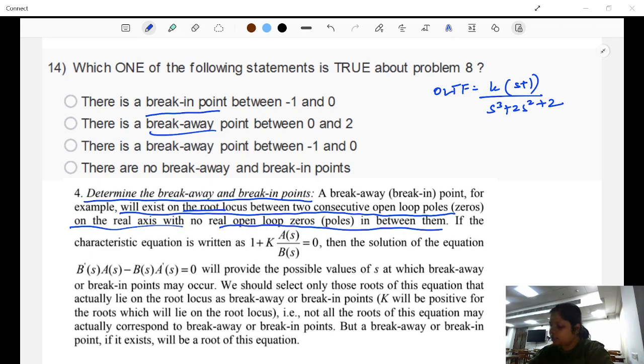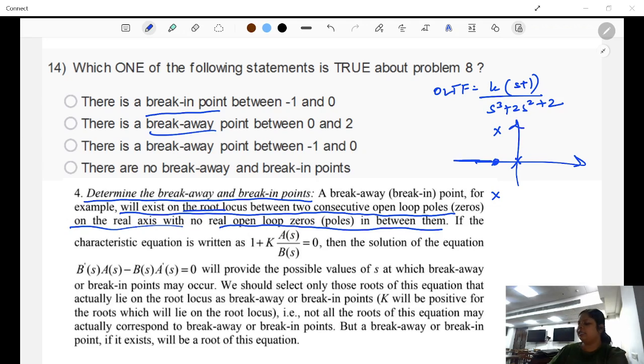Do we have such a situation here? One pole is here, one pole is here, one pole is here, and a zero is here. So there are not even two poles on the real axis. If there are not two poles on the real axis, there is not going to be a breakaway or break-in point. If there were, then we would have applied this condition. But since it is not there, we need not do that.